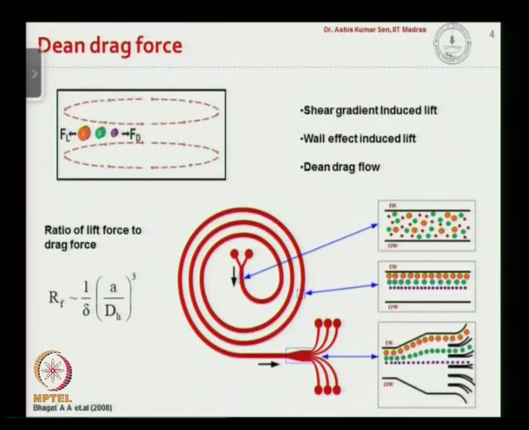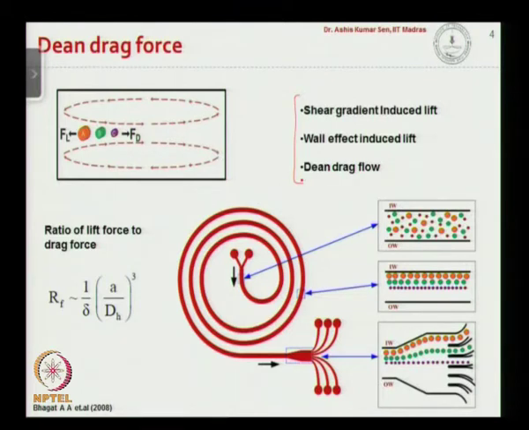Next we move on to Dean drag force. The Dean drag force mechanism is based on three different kinds of forces. Here, as you can see, we have shear gradient induced lift, wall induced lift, and Dean drag flow.